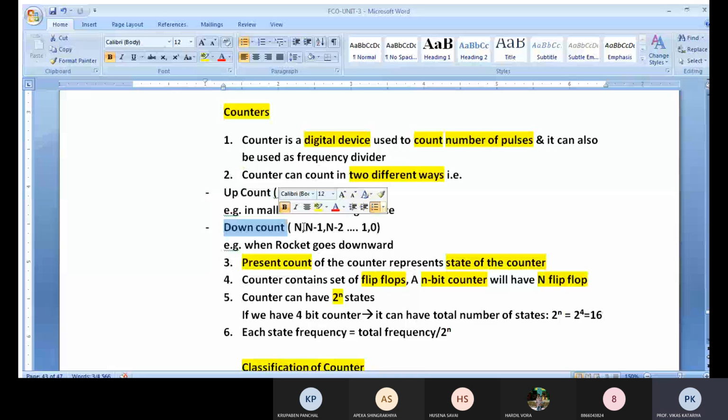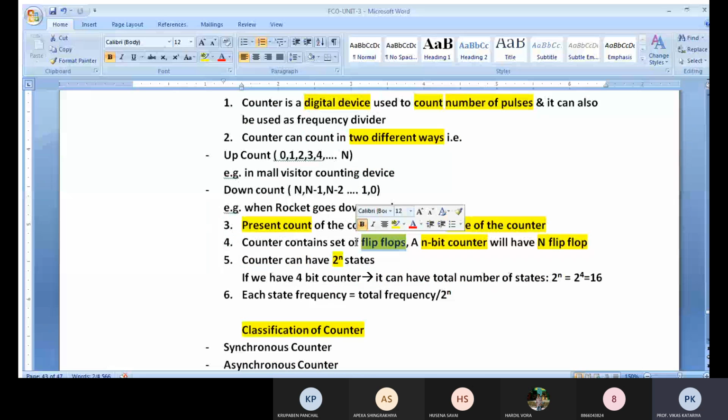Now a counter contains a set of flip-flops. The question may arise how a counter is designed. We know that in any sequential circuit there exists a memory element called a flip-flop. The counter comes under sequential circuits, so definitely it will consist of flip-flops.